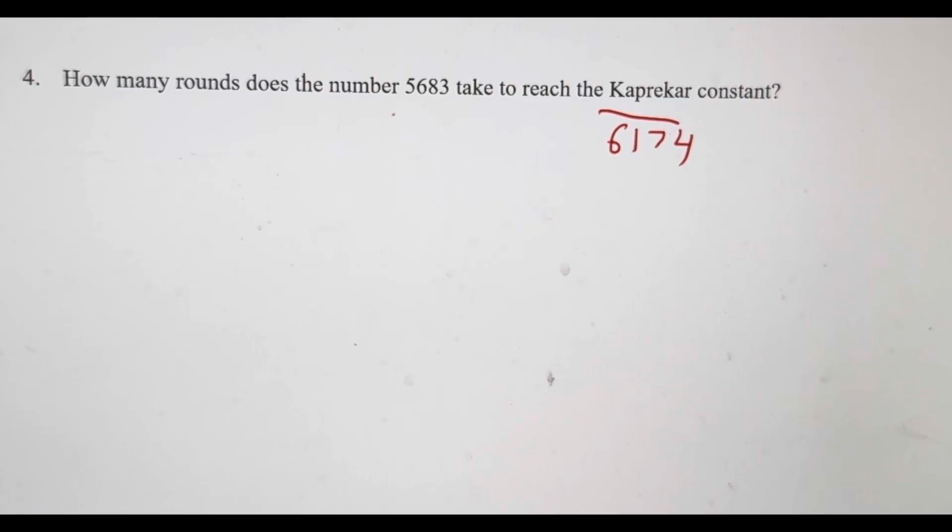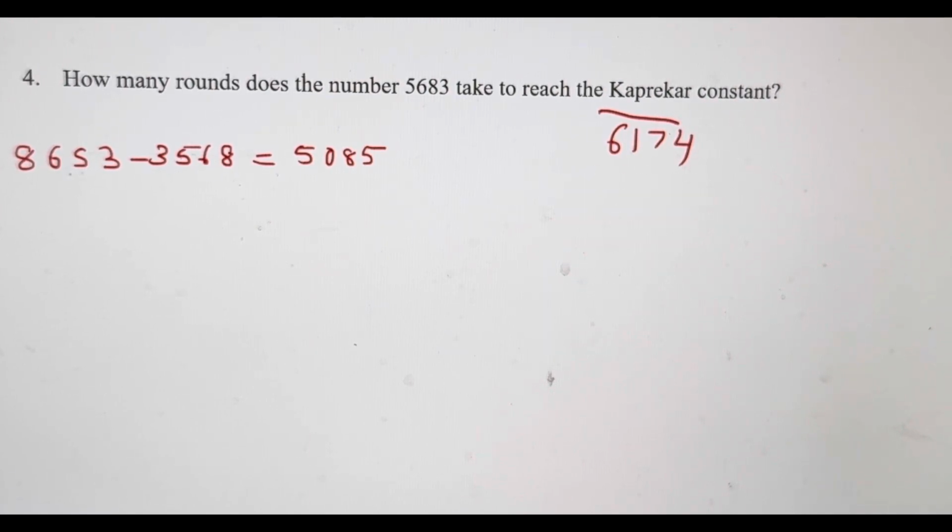If we start with 5683, what will be the largest number, like if we do step 1? With these digits, the largest number will be 8653. And we subtract the smallest number, 3568. The difference is 5085.